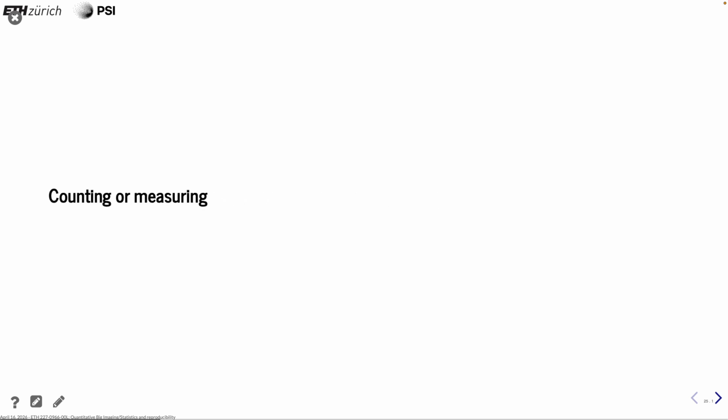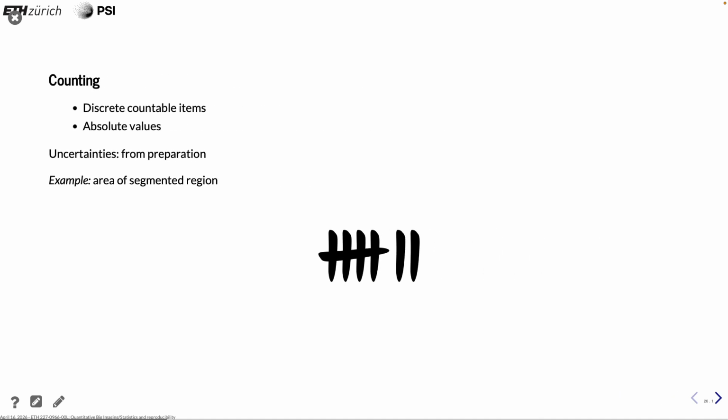Now the question is about counting and measuring. There are different approaches in image processing. Either you count items in some way, or you measure something like the volume, or distances, and so on. So with counting, you have discrete countable items, and it's always absolute values, thanks to that.